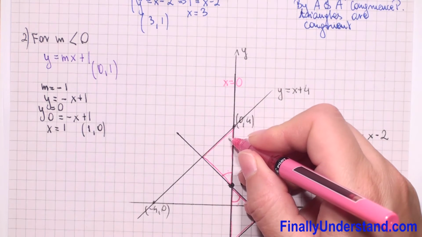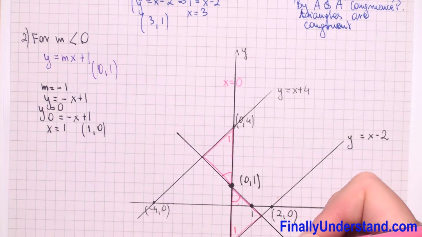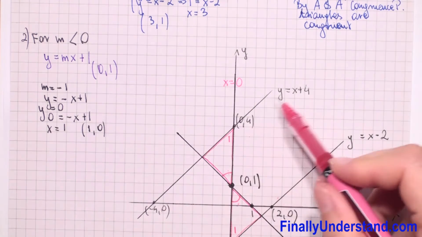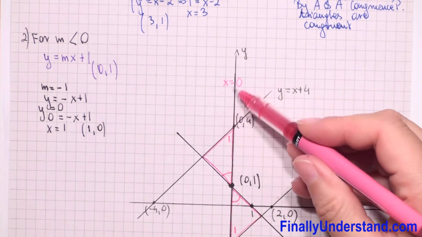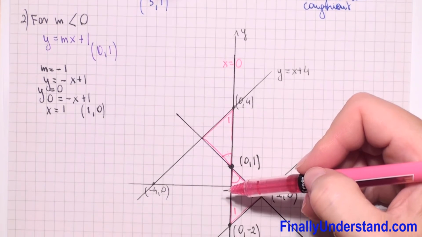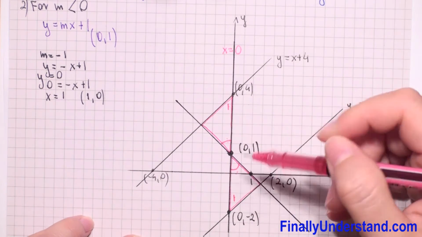Let me put that this is, for example, angle 1, and here we have angle 2. I just used the alternate interior angles theorem, which tells us that when two parallel lines are cut by a transversal, then alternate interior angles are congruent. So these two angles are congruent.